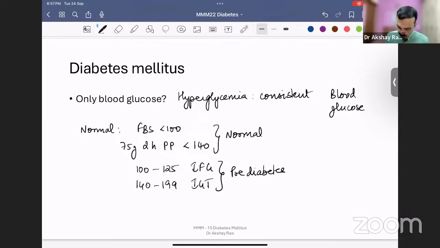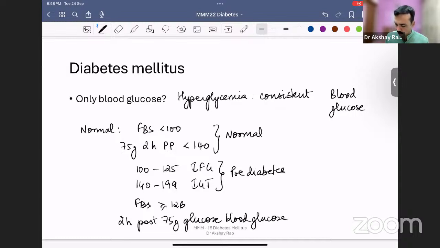So anytime the fasting is greater than 126, or 2 hours post 75-gram anhydrous glucose the blood glucose is 200 or more, it can be considered as diabetes mellitus.